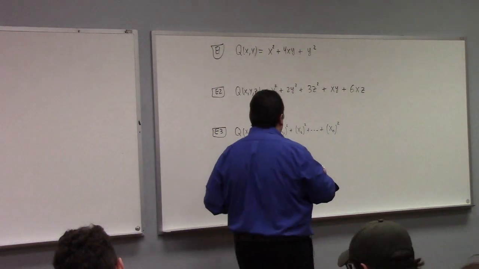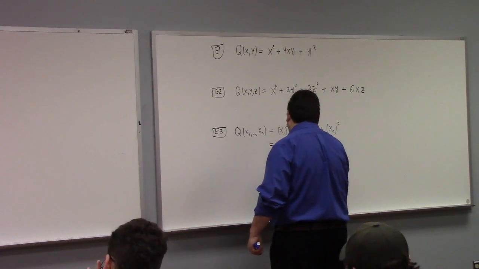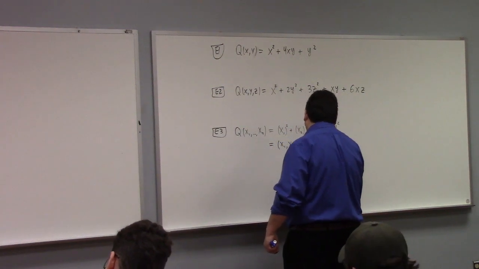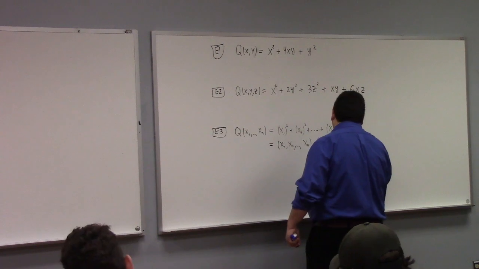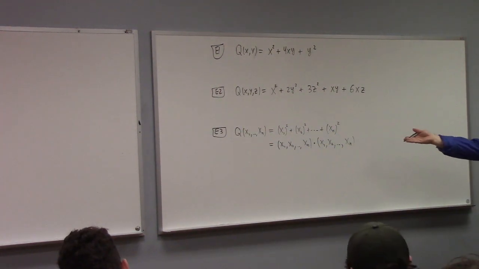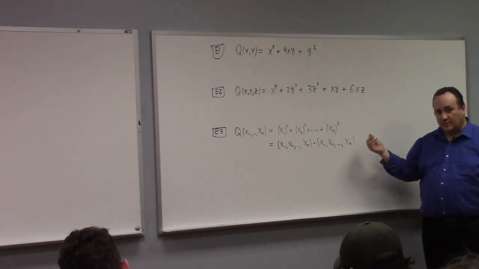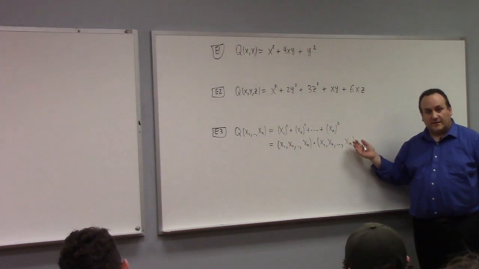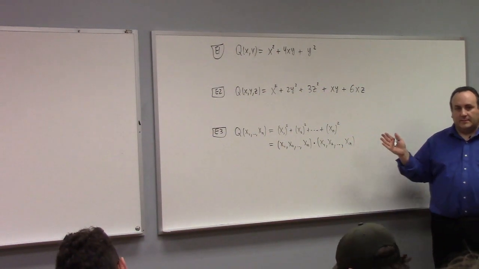How about this? This is nothing more than x1, x2, up to xn, dot product with x1, x2, up to xn, right? I think this kind of explicit example makes it more clear why we're calling these quadratic forms. It's a sum of quadratic terms. That's why it's a quadratic form.